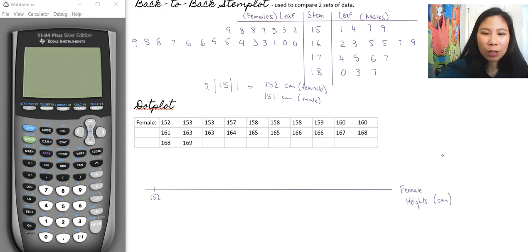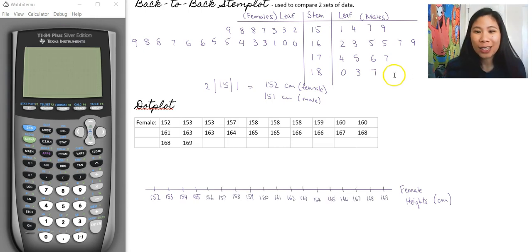So since all of our numbers in our data set are whole numbers, I have to go by ones. So I'm going to go from 152 to 153, 154, and this keeps going all the way until my biggest number, which was 169. Just like how in a stem plot you can't skip any stems, here we can't skip any numbers when we go by ones in a dot plot.